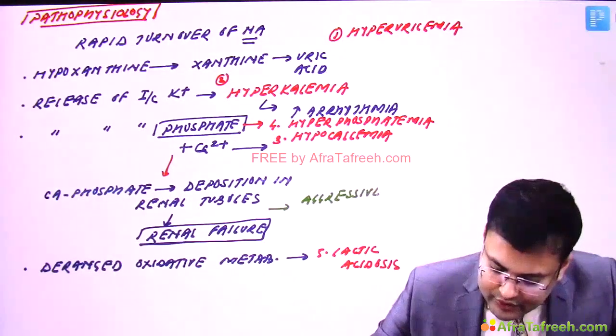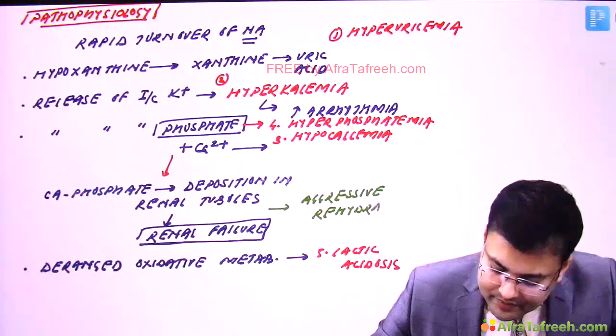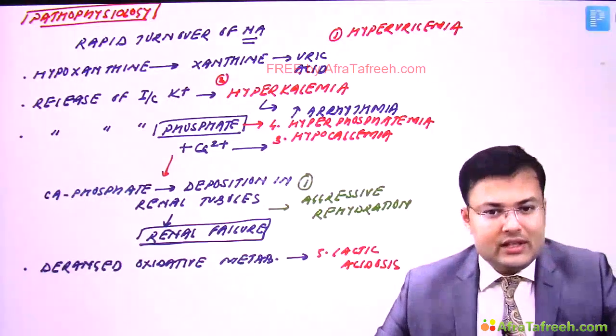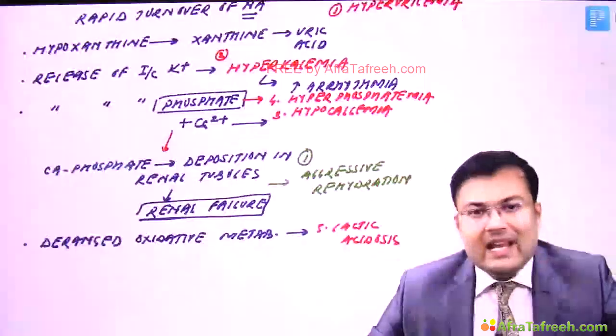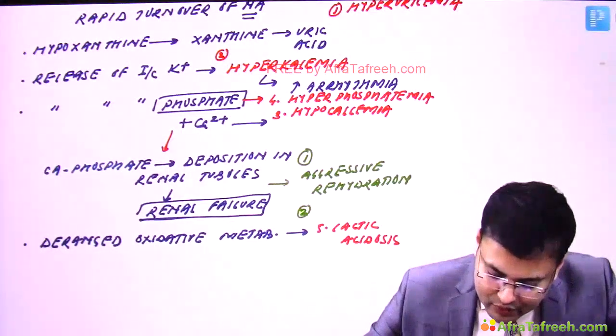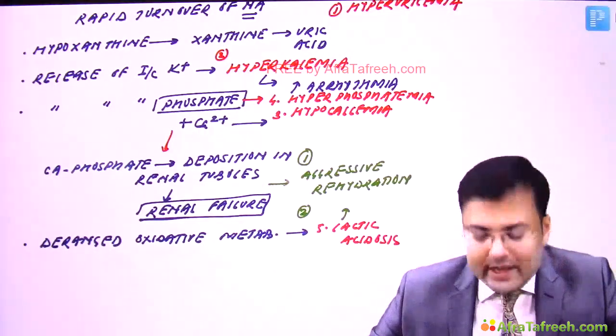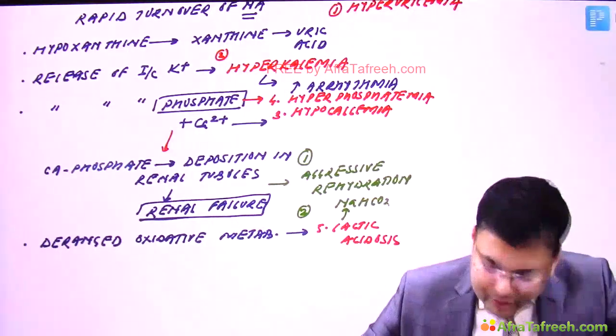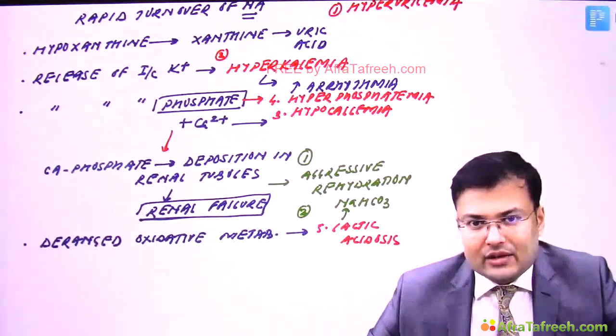Clear? So we go for aggressive rehydration to prevent the deposition in renal tubules. Second, this patient is having lactic acidosis. So for management of lactic acidosis, what are we going to give? Sodium bicarbonate.